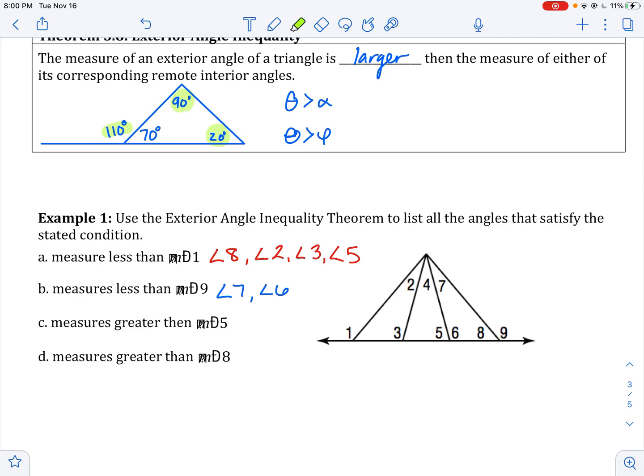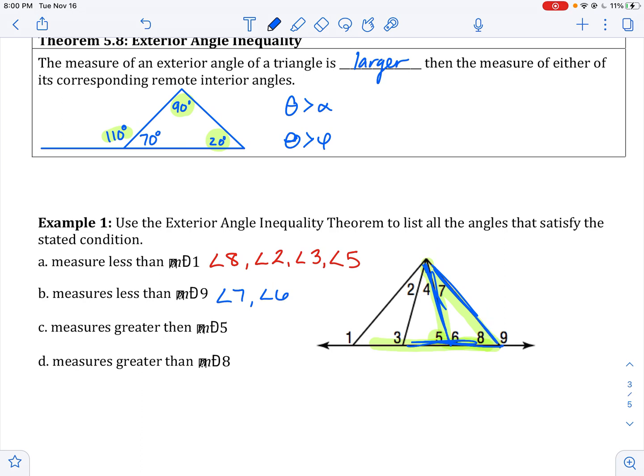All right, angle 5. Here, 5 is an exterior angle, just like what we talked about a second ago. For this triangle right here, 5 is an exterior angle. But 6 is bigger, or at least 6 looks bigger. But I know that 5 must be greater than either 7 or 8.